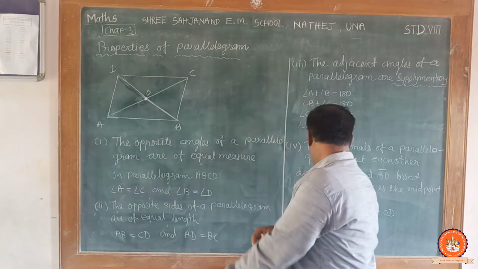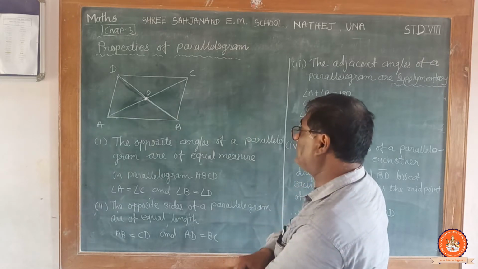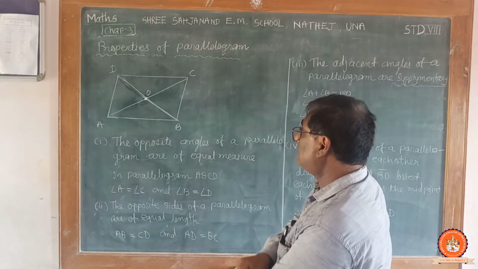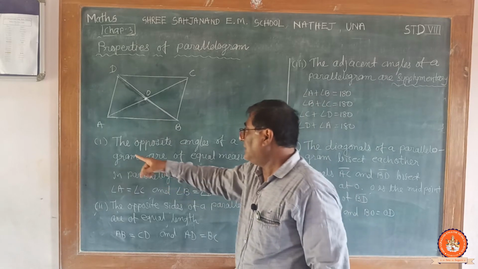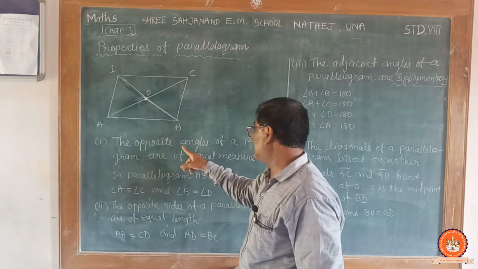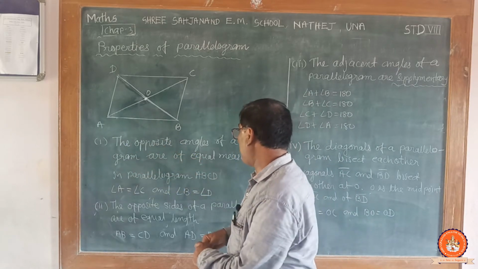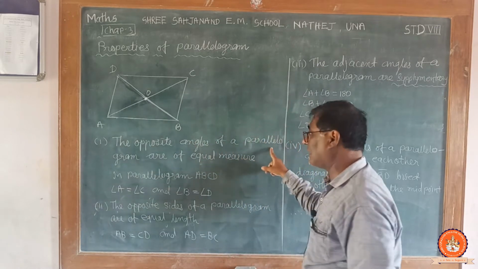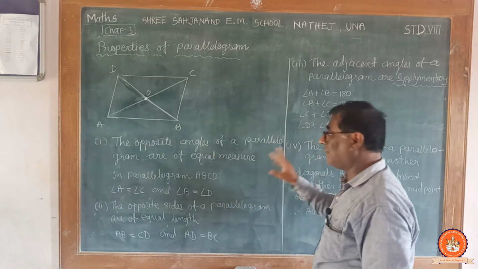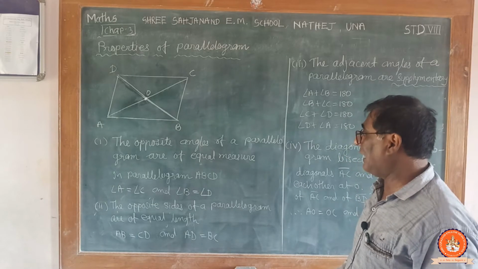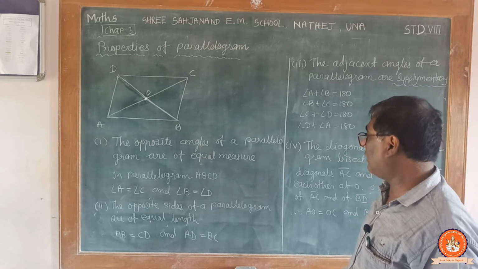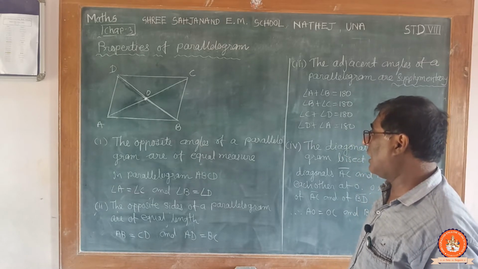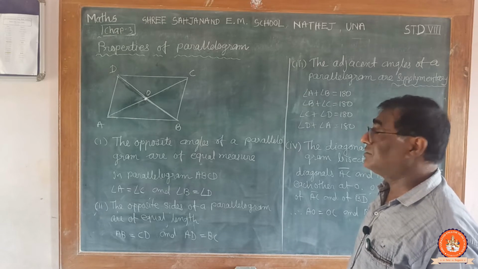Okay, now the first property is that the opposite angles of a parallelogram are of equal measure. Opposite angles of a parallelogram are of equal measure.